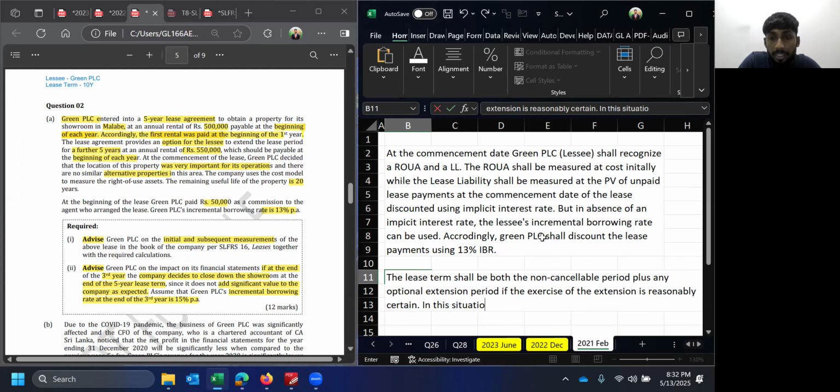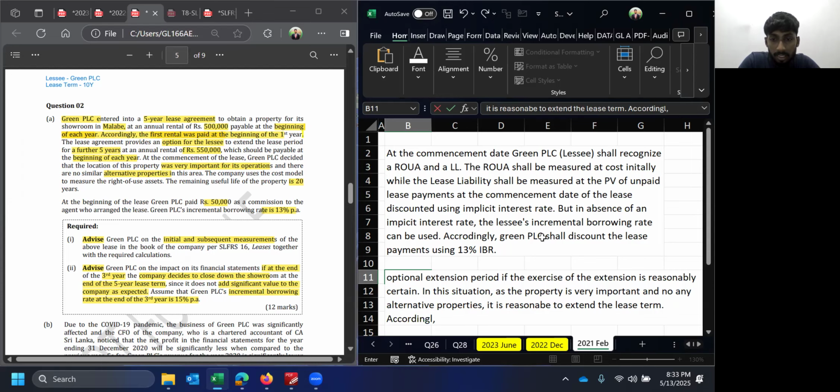In this situation, as the property is very important and there are no alternative properties, it is reasonable to extend the lease term.